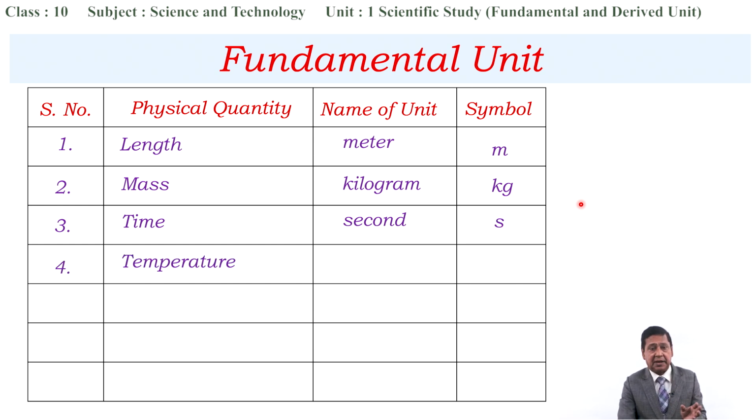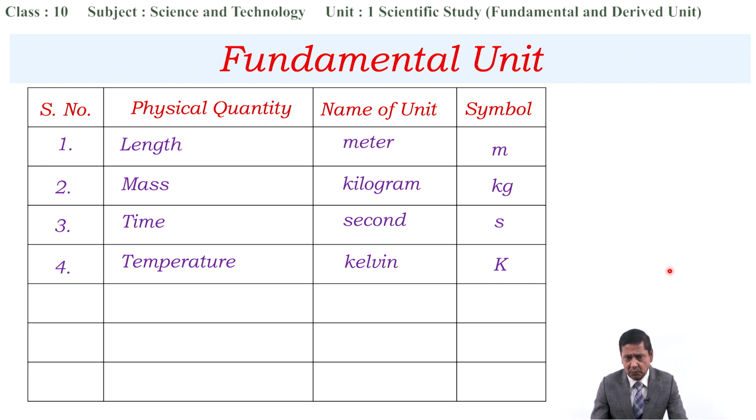And fourth, temperature. Temperature is measured in Kelvin and it is denoted by capital K. Now for the first time a capital letter came. Why? Do you know that if a unit is taken from the name of a scientist, then the initial letter should be capital.